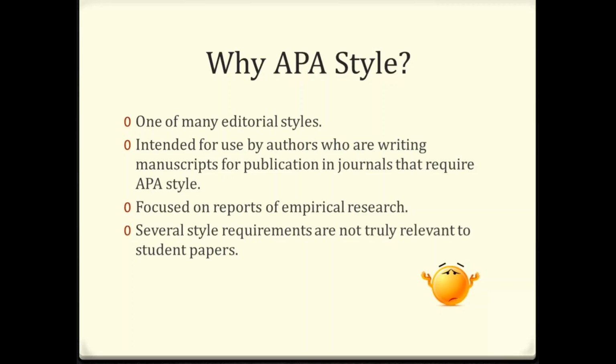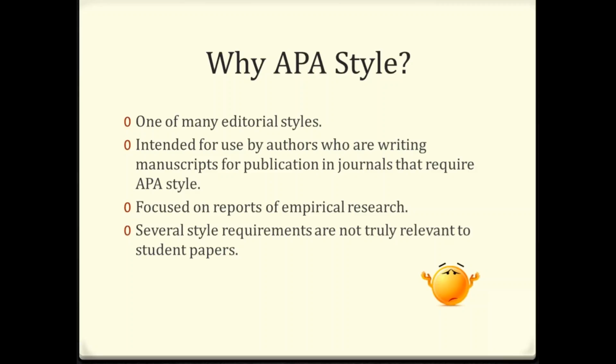The APA manual is intended for use by authors who are writing manuscripts for publication in journals that require authors to use APA style. So that's why a lot of times as a student, when you're looking in the manual, it seems like much of the information is not really relevant to you, and that's because there are many things in there that we choose not to make exceptions to and have you just follow the APA manual as it's written.